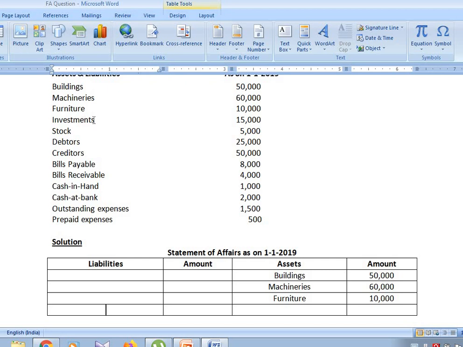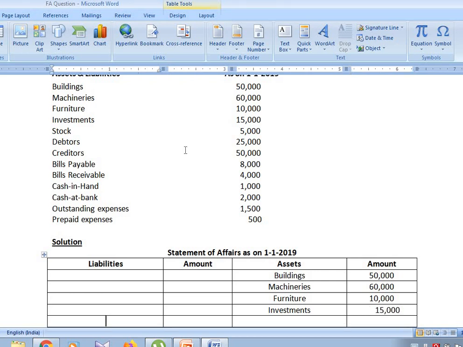Where do we record investment? Investment is an asset, whether it is a short-term investment or a long-term investment. We take it to the asset side. What is the amount of investment? 15,000.